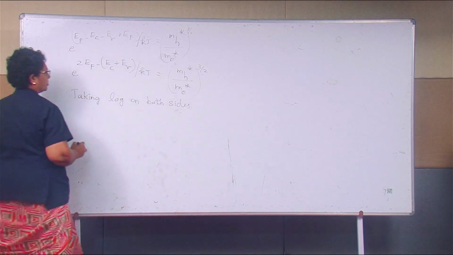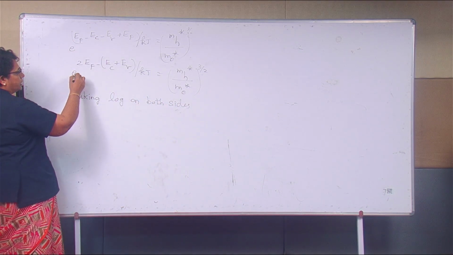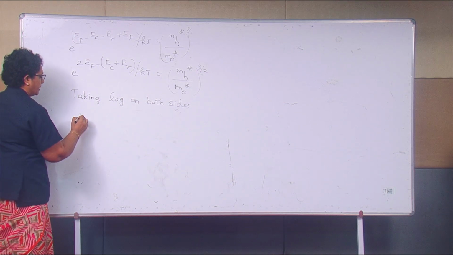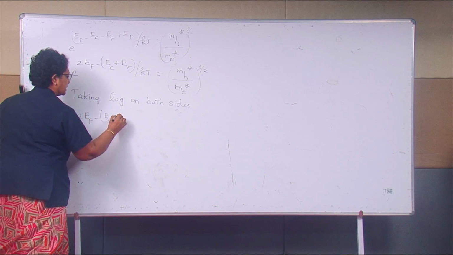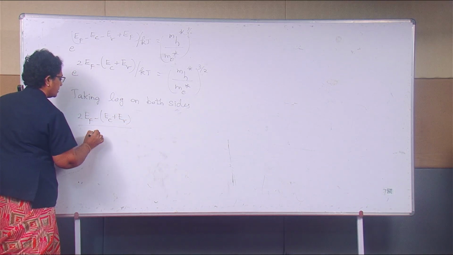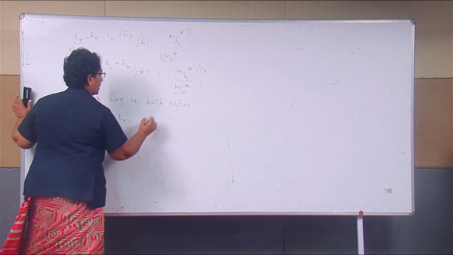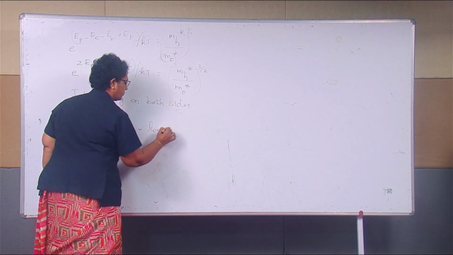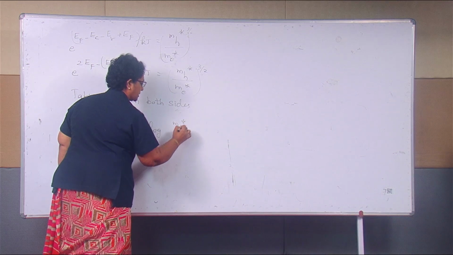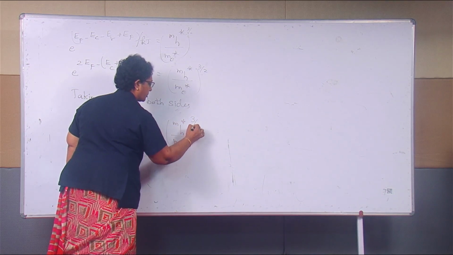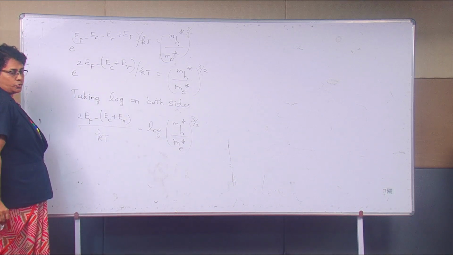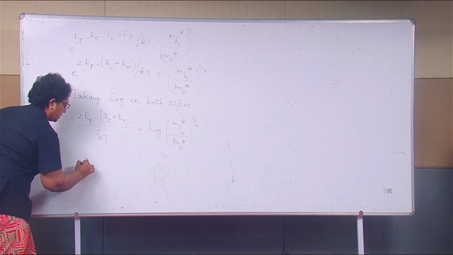When you take log, the log and the exponential get cancelled, and this becomes 2EF minus EC plus EV by KT, and this becomes log of mh star by me star to the power 3 by 2. Now we can cross multiply this.